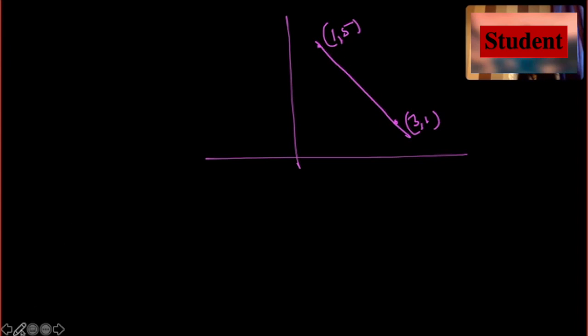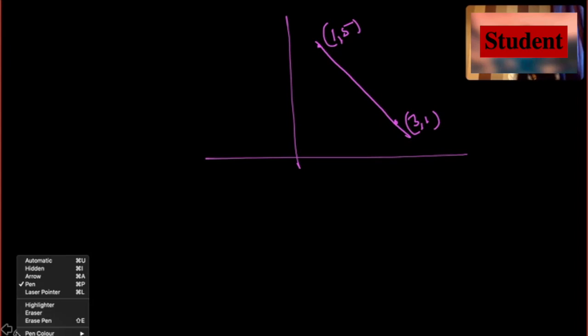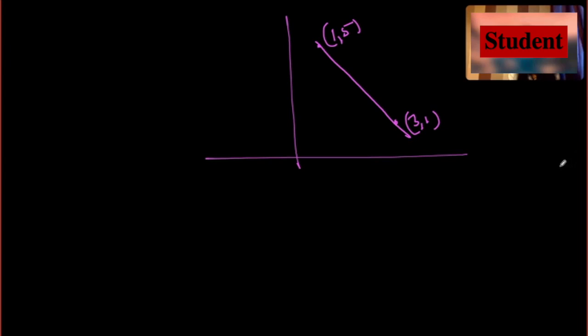Let's evaluate the slope. The slope is y2 minus y1 over x2 minus x1. I can take any one as x1, y1, no doubt. Let's say this one is your x2, y2, and this is your x1, y1.